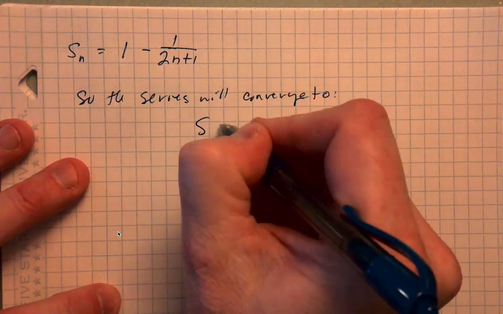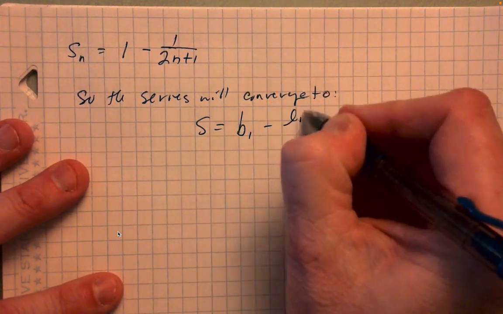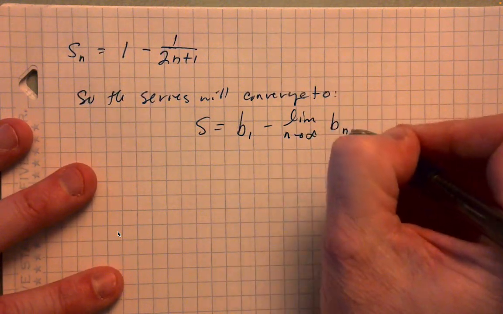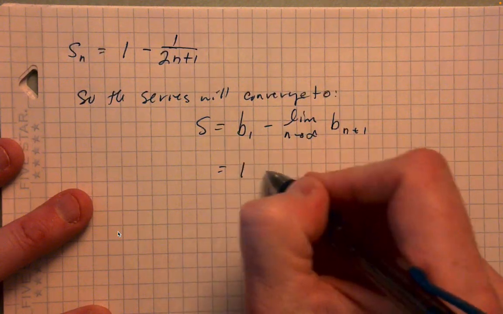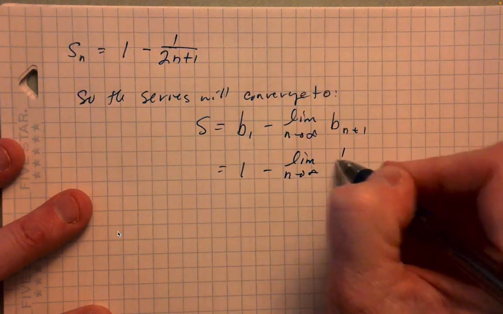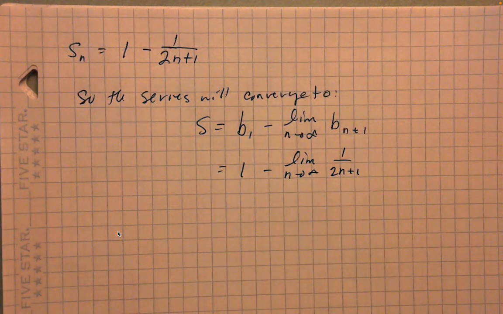It's going to be S equals b1 minus the limit as n goes to infinity of b of n plus 1, which in our case is 1 minus the limit as n goes to infinity of 1 over 2n plus 1. Right? And what is this?